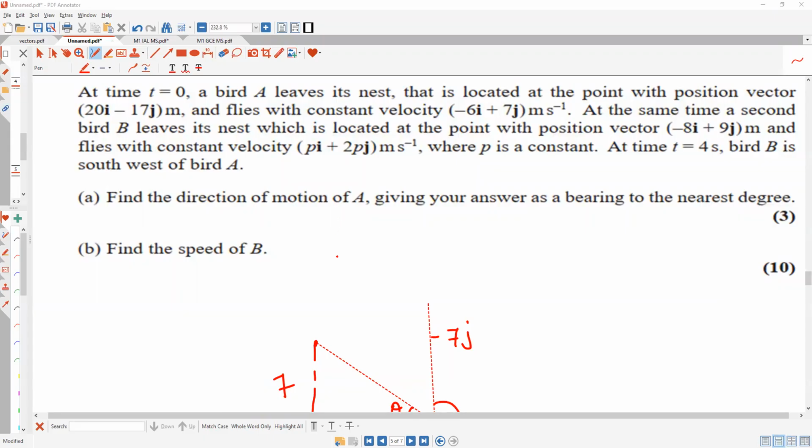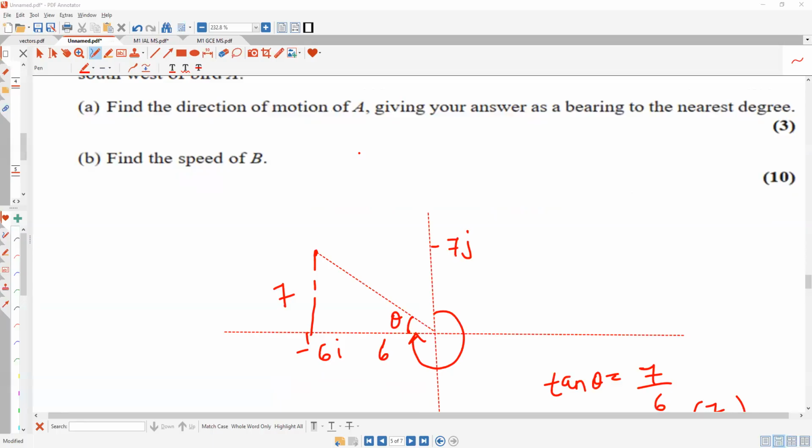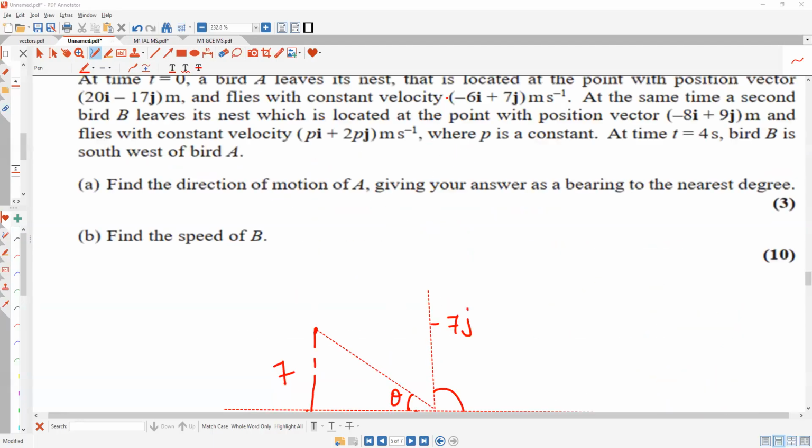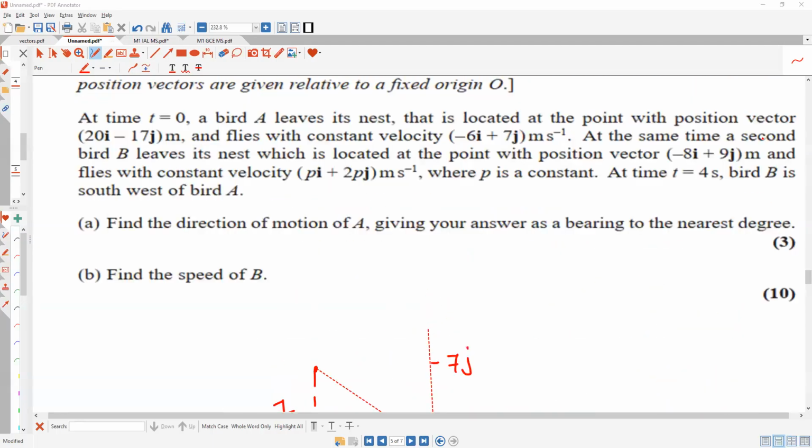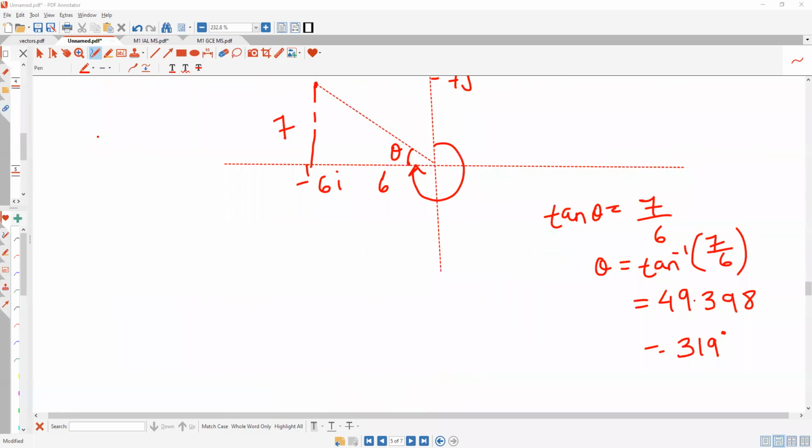I told you the best way to do this: you need to find an equation for bird A and an equation for bird B as well. So for bird A, the initial position vector is 20i minus 17j.